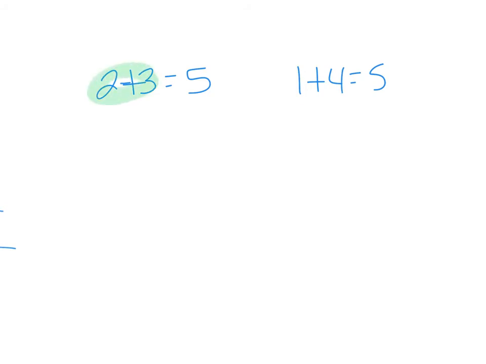So we could say that 2 plus 3 and 1 plus 4 are equal, because they are equivalent. Some people sometimes put transitive property, and sometimes people put the substitution property. This time I'm going to put substitution property.